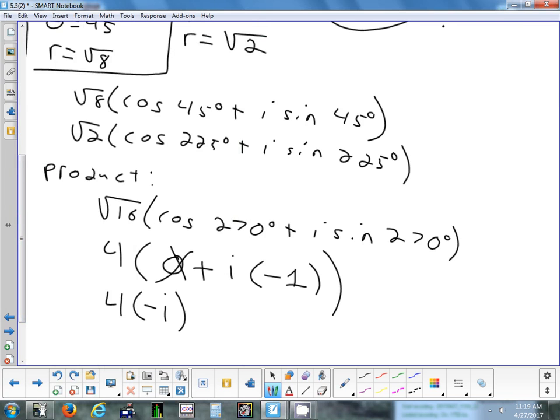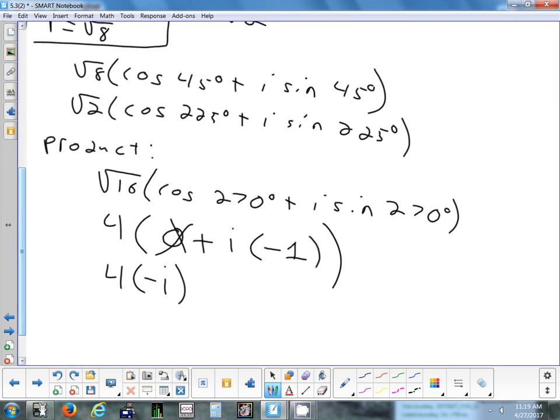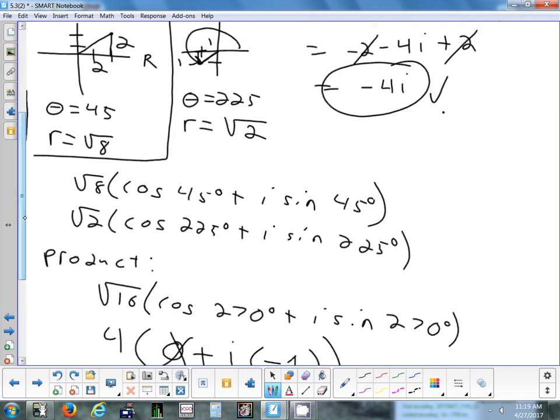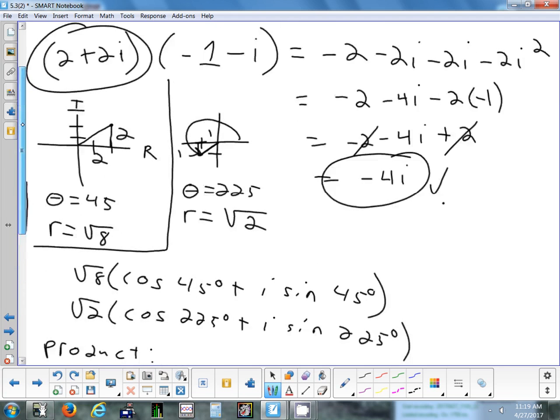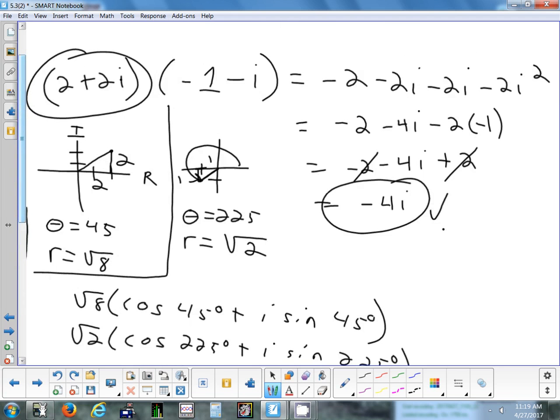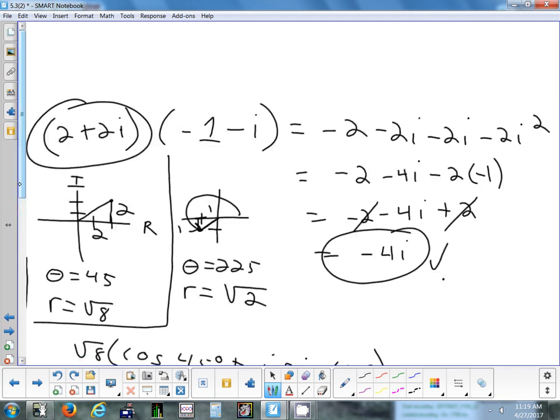And then what's 4 times negative i? James? Negative 4i. Is that the same answer that we got up above? Yeah. So I'm just showing you that if you change these to polar and do it the new way, you get exactly the same answer as you would doing it the old way. Okay? It's the same thing.